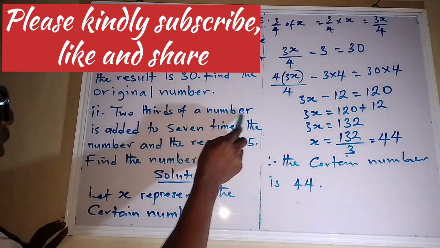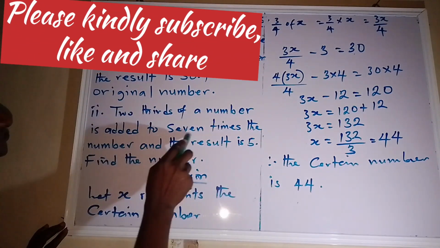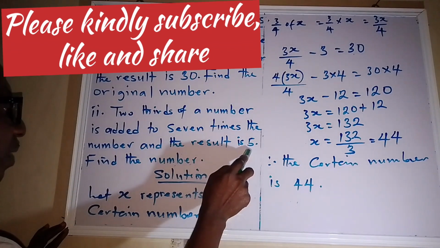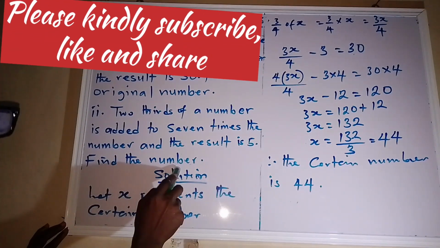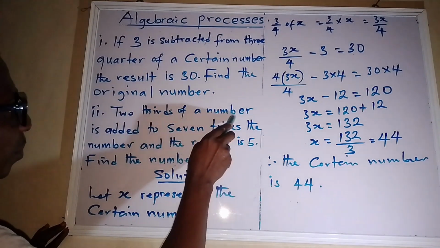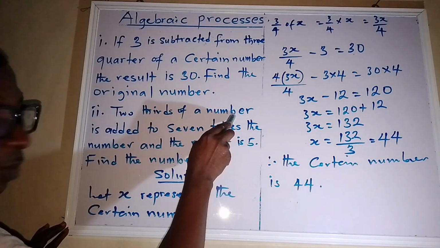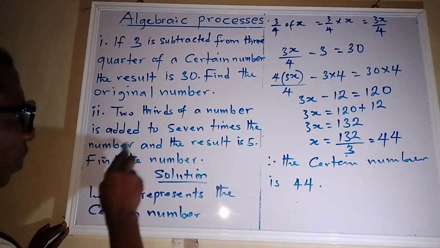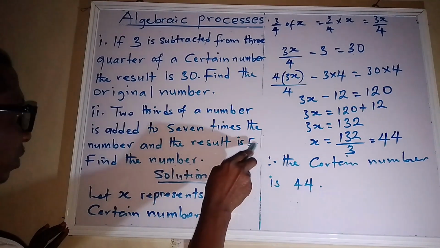2/3 of a number is added to 7 times the number and the result is 5. Find the number. Now let's take the question again. 2/3 of a number is added to 7 times the number and the result is 5.